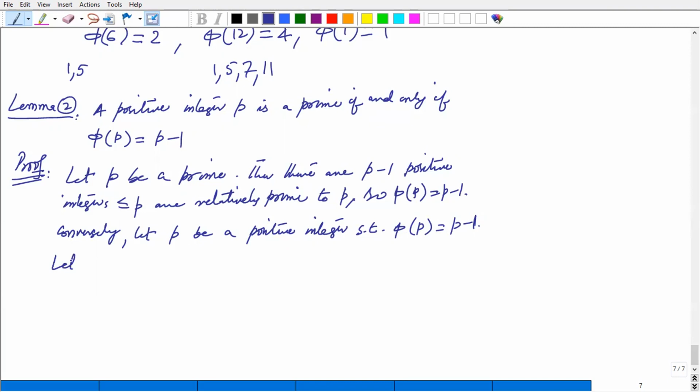Because p is any positive integer, it could be a prime, or it could be a composite.